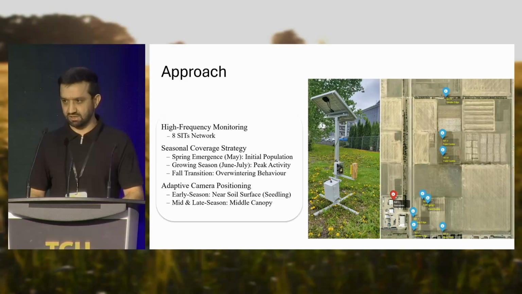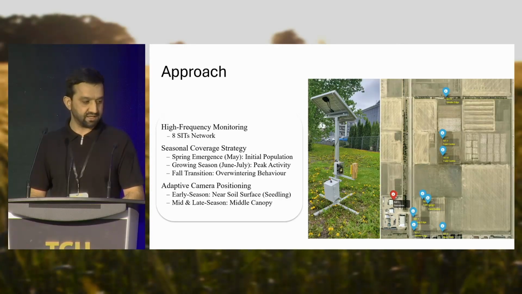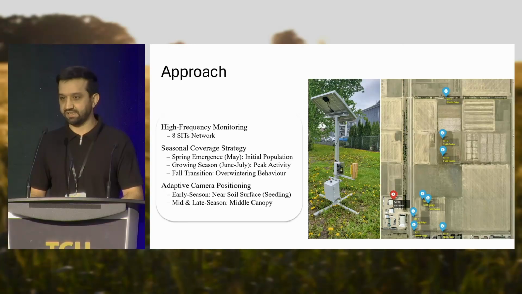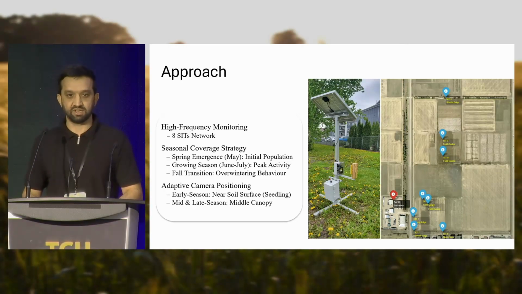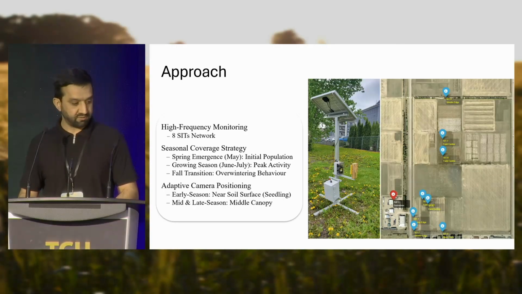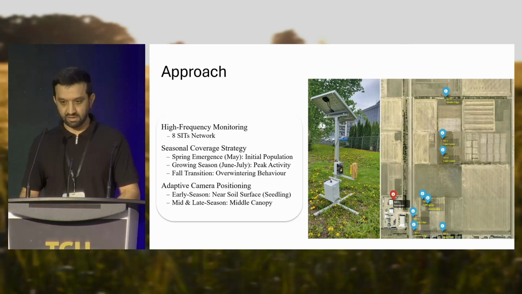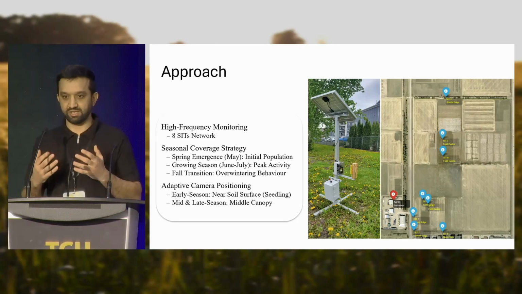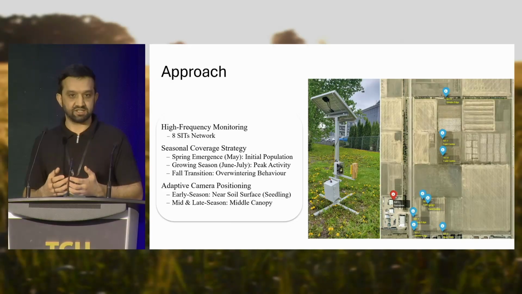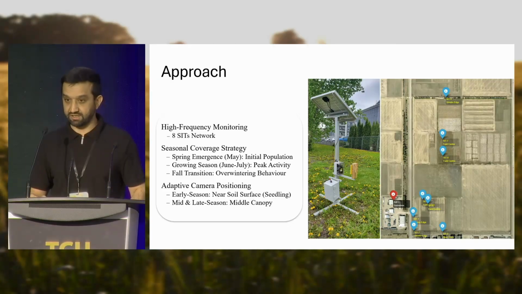The spring emergence captured the initial emergence of these insects from the overwintering sites, and then the growing season tracked the population activity of these insects and how they interact with the developing crop. Finally, the fall transition captured the overwintering behavior, how they decline, and their relation to when the crop pods matured.